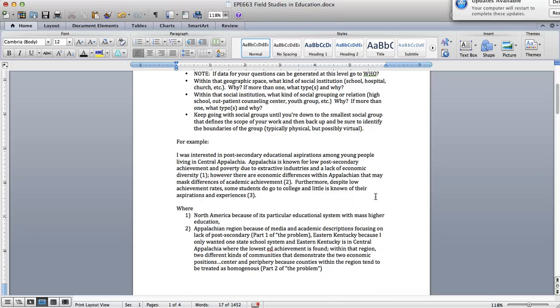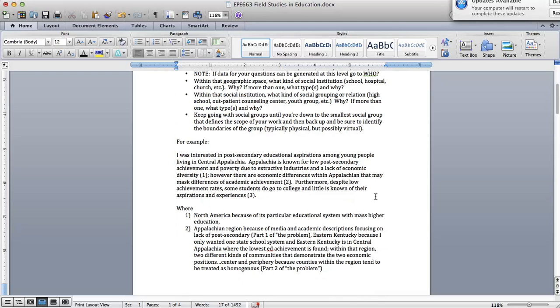I'm specifically choosing Eastern Kentucky because I needed to choose one state, and Eastern Kentucky has the largest number of counties within the Appalachian region that fall into this very low educational achievement.